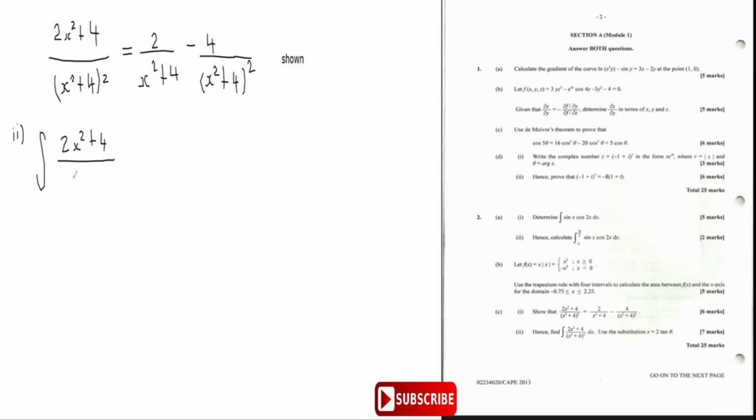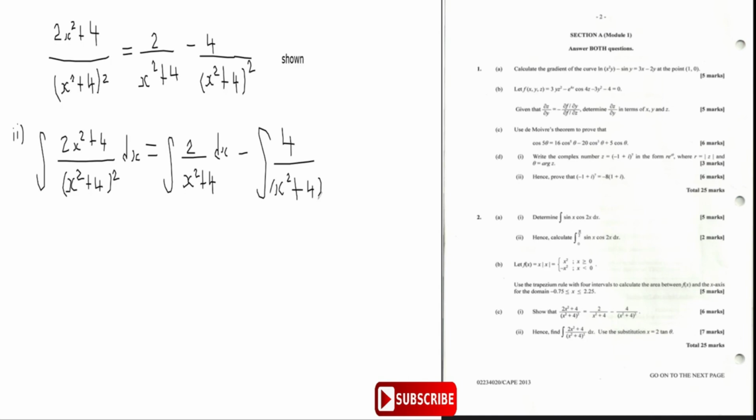So the integral of 2x squared plus 4 over x squared plus 4 all squared is going to be equal to the integral of 2 over x squared plus 4 dx minus the integral of 4 over x squared plus 4 all squared. All right, nice and easy.